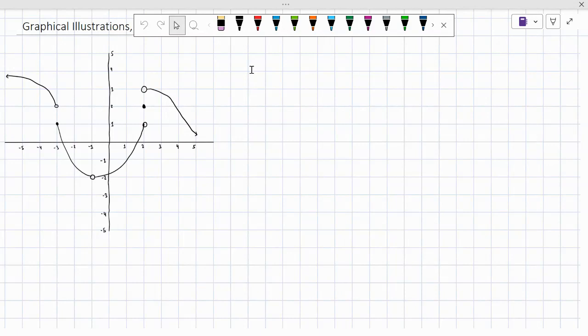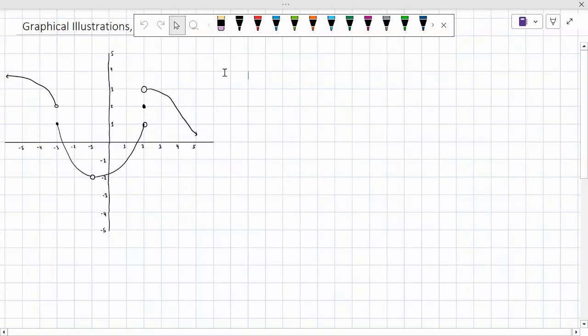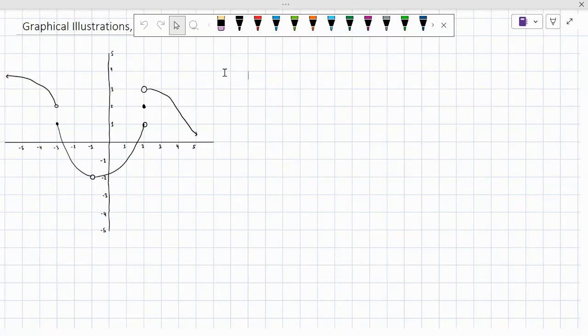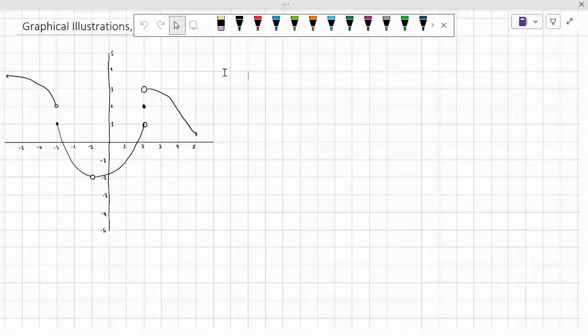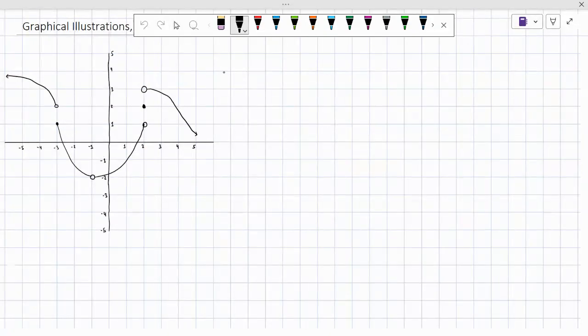I want to use this to introduce the idea of limits of functions, and also to introduce you to the notation that we use when we're talking about limits. So let's say this is a graph of some function f of x, and I'm going to look at a couple of aspects within this graph.